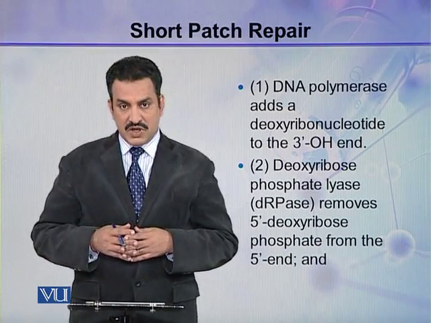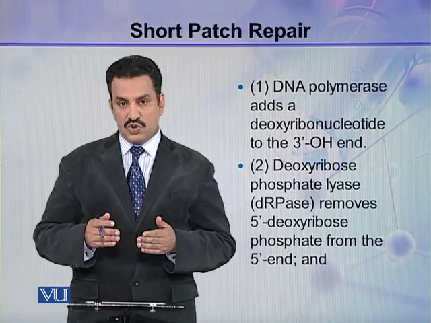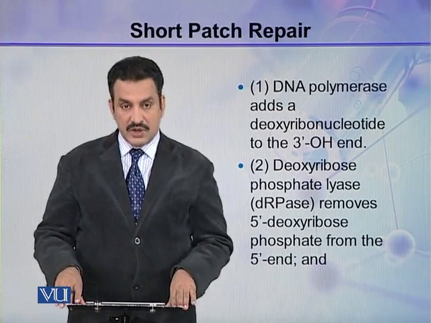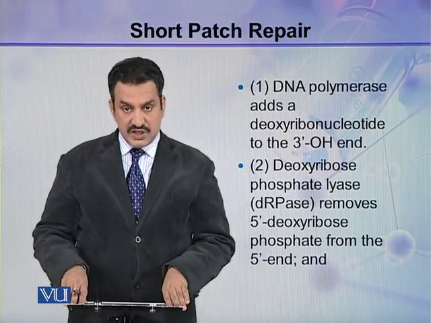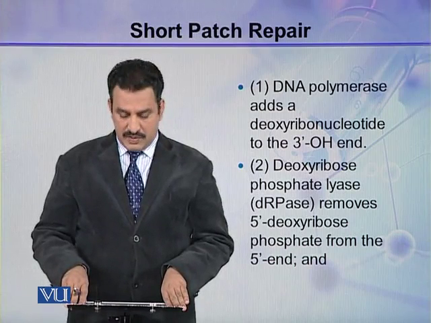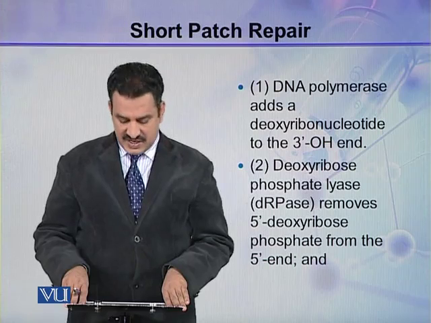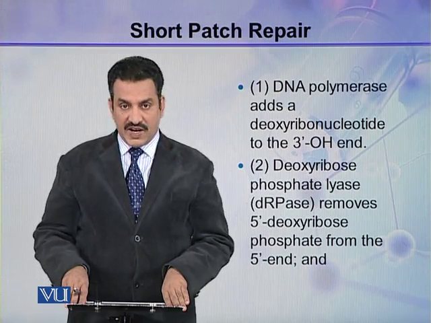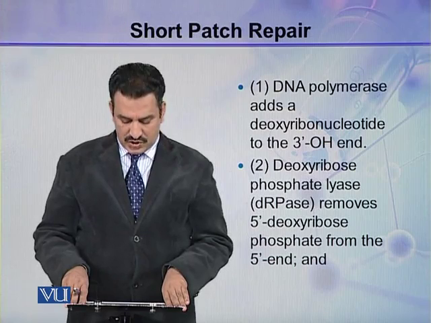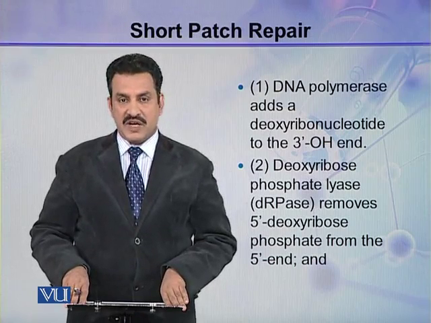So this enzyme adds a new nucleotide to the 3' hydroxyl end. In the second reaction, deoxyribose phosphate lyase, the dRPase enzyme, removes the 5' deoxyribose phosphate from the 5' end.